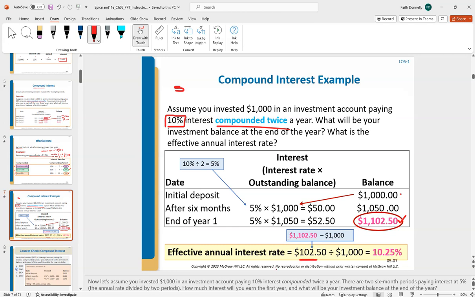So we made 102 divided by 1,000. The effective rate is going to be 10.25%. So you have to distinguish the stated rate from the effective rate. The effective rate is bigger because it accounts for the fact that it compounds. It's a bigger principal that's going to produce more income.